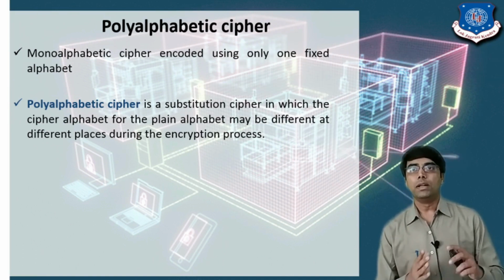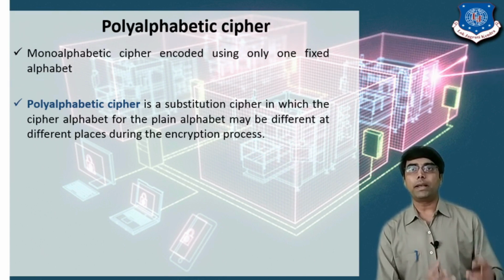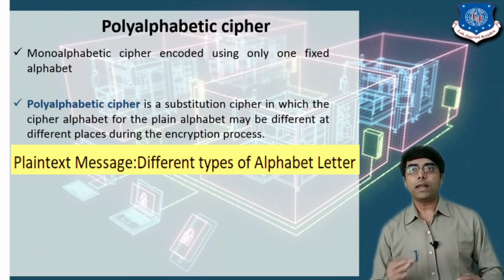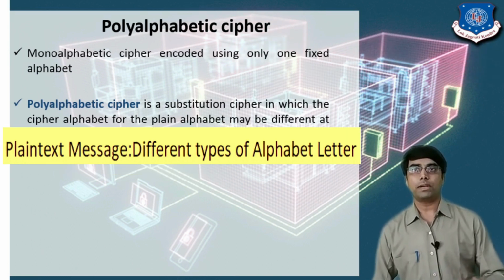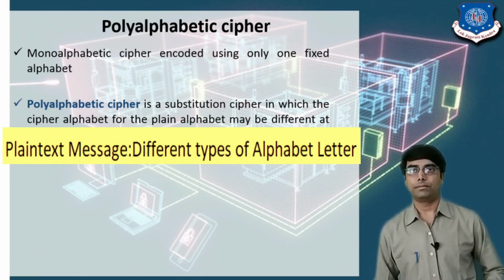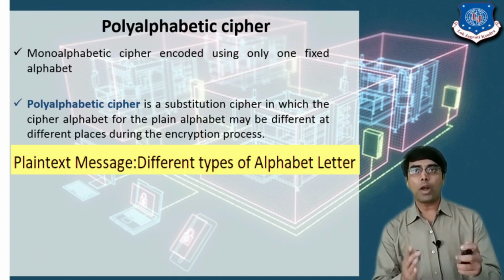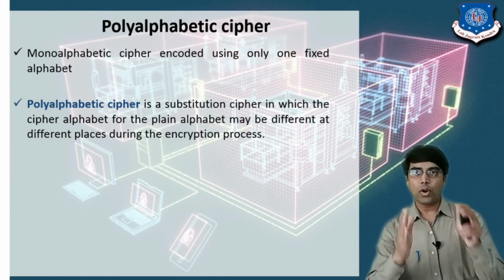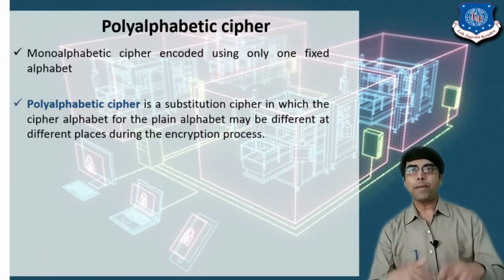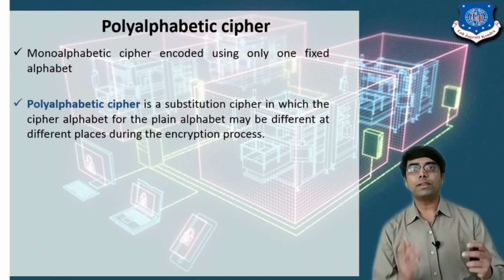It means that for each plain text character in our message, different ciphertext alphabets are possible. Now, what is the difference between the monoalphabetic cipher and the polyalphabetic cipher? In a monoalphabetic cipher, we apply the encryption using only one fixed alphabet.